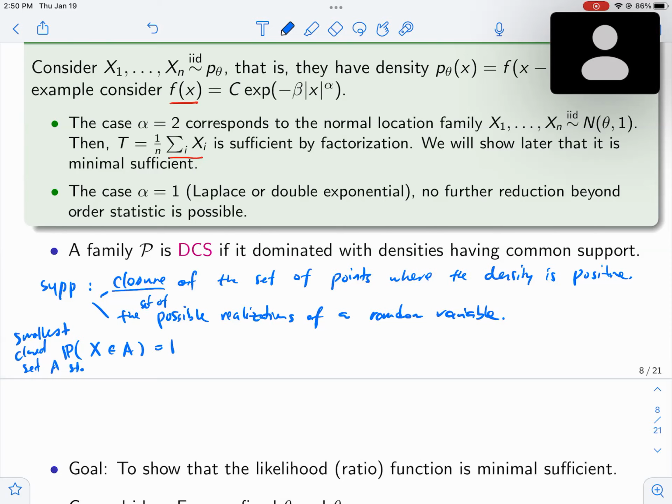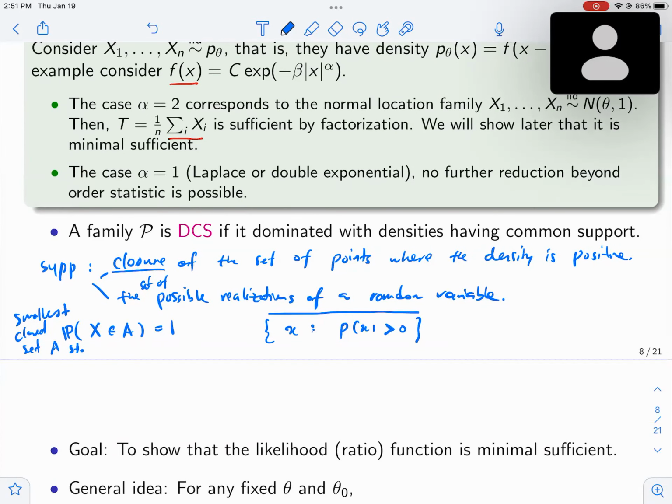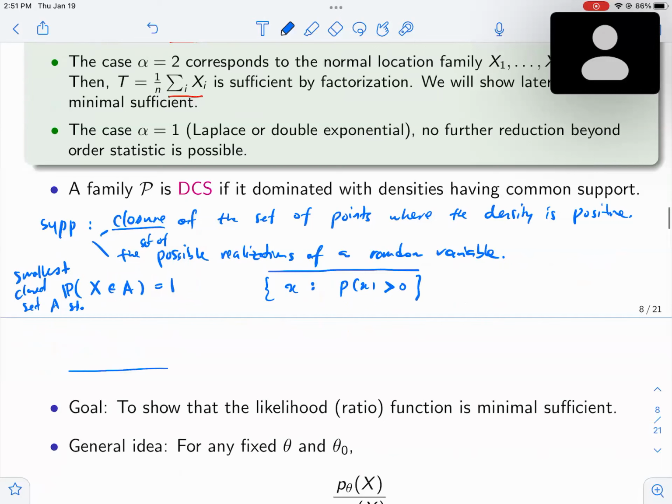If you have a density, this is equivalent to the closure of the set of points where p_X is bigger than 0.